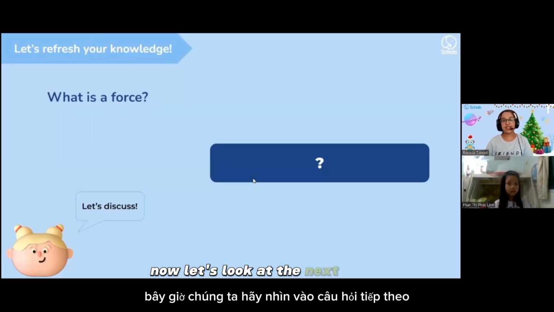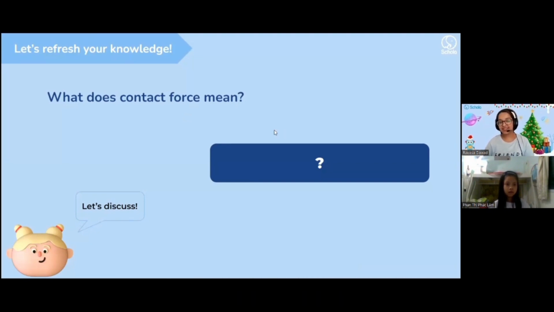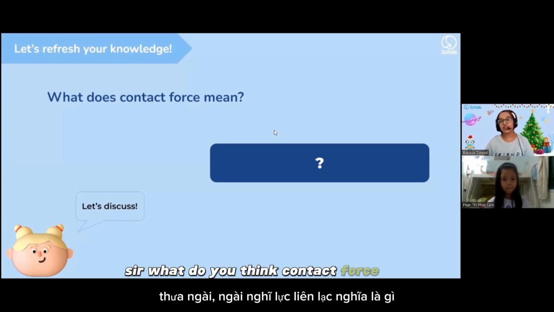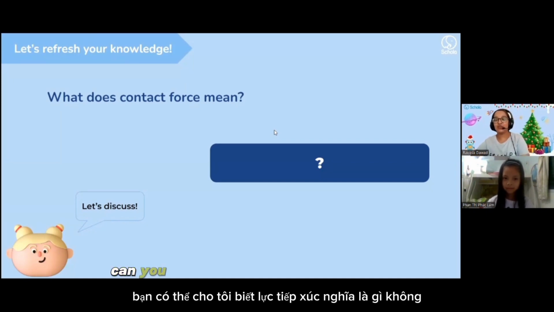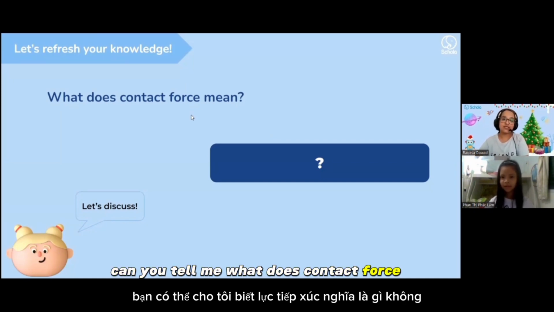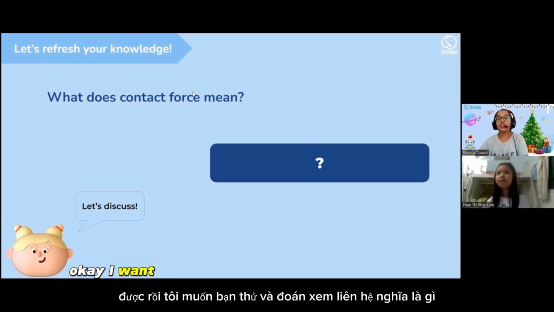Now let's look at the next question. This one says, what does contact force mean? So what do you think contact force means? Can you tell me? I want you to try and guess.